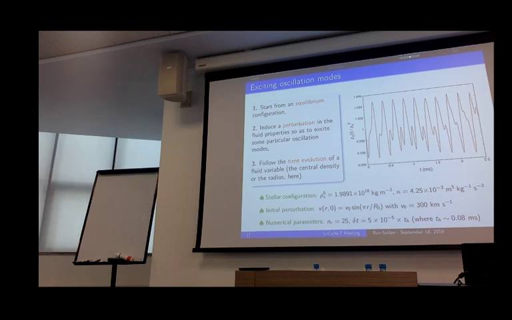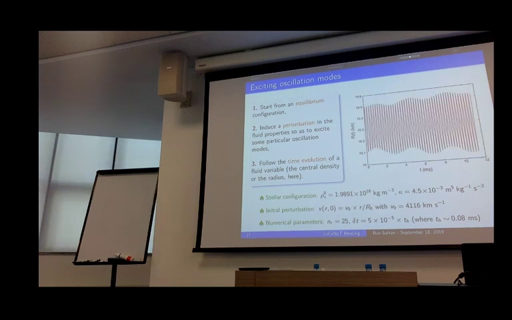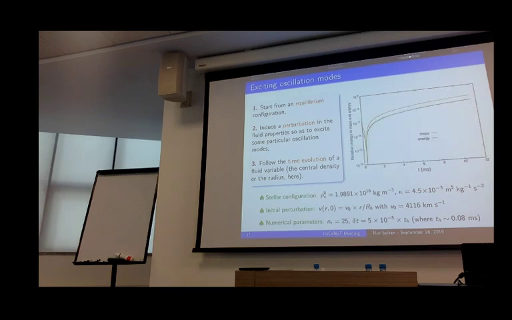And then we follow the time evolution of the free variable we want. For instance, this is an example giving the time evolution of the central density, for this particular parameter. You can also plot the radius and so on.